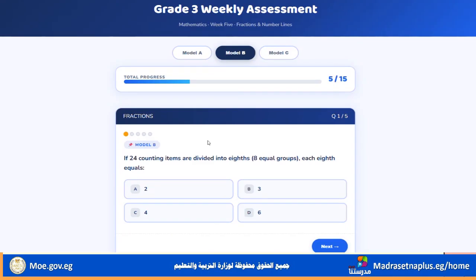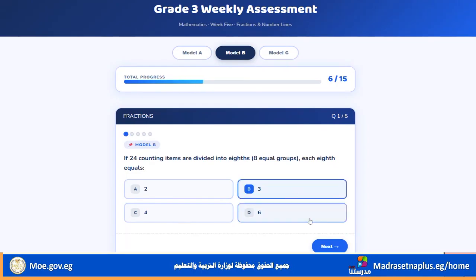Or 24 divided by 8 equals. Many items have the same meaning as this problem. 24 items are shared among 8 equal friends, equal groups, and so on. 24 divided by 8 equals 3.